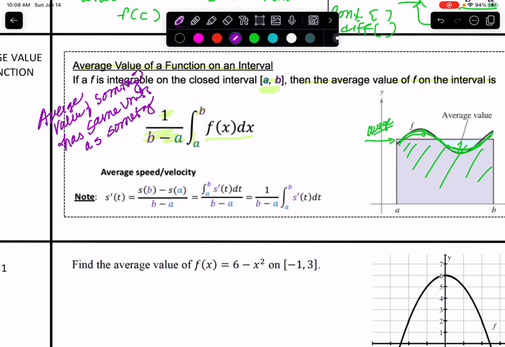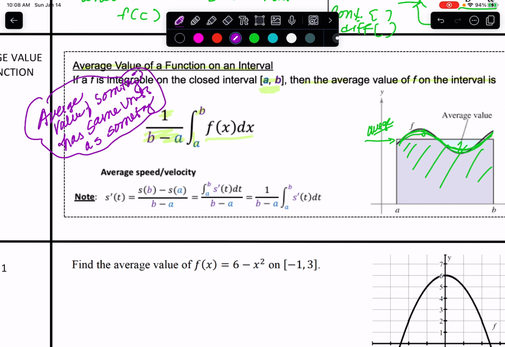If you ask for the average height, it would be in feet. If I ask for the average velocity, it would be in velocity units. The first few examples we do are not word problems, so that won't become as clear until we do a few word problems. But that's what you need to remember.